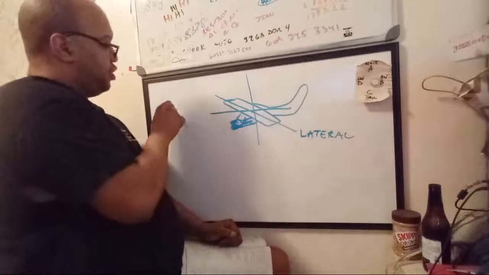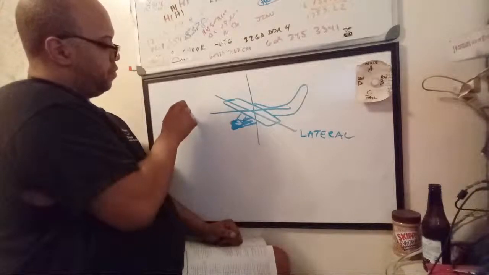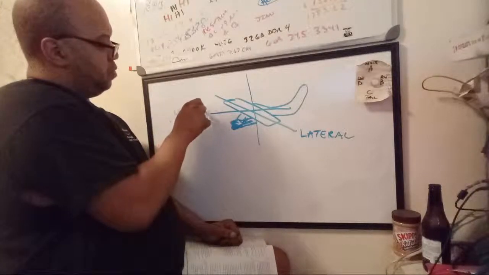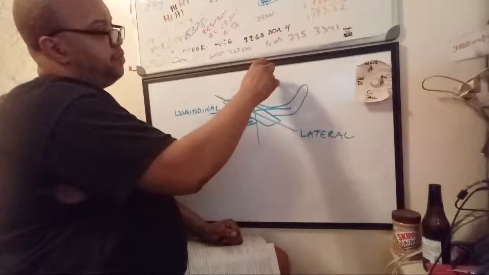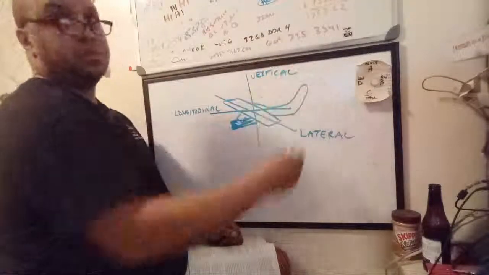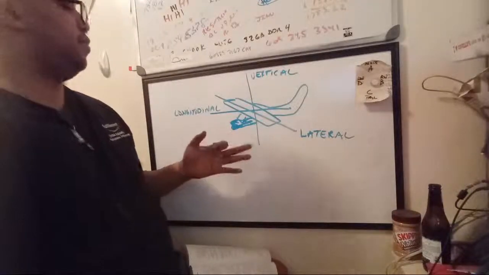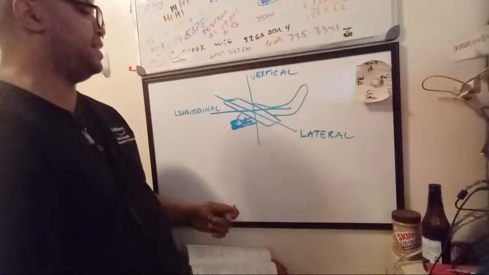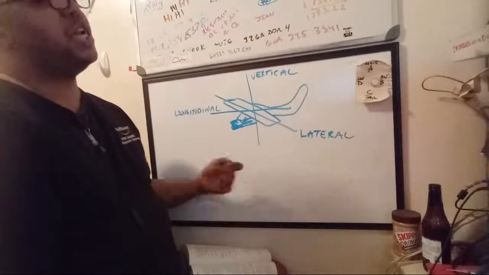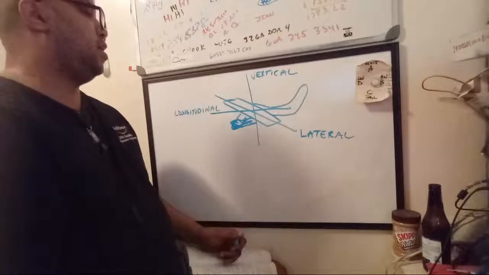We have our longitudinal. And vertical, not horizontal. So longitudinal, lateral, vertical are the axes when we say plural. Singular, we say axis.